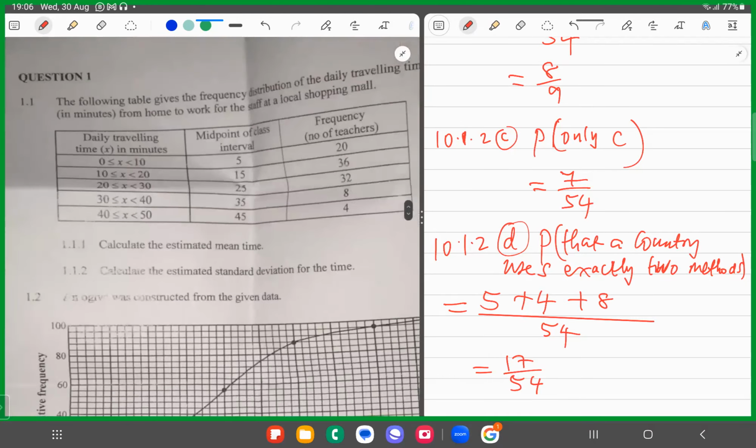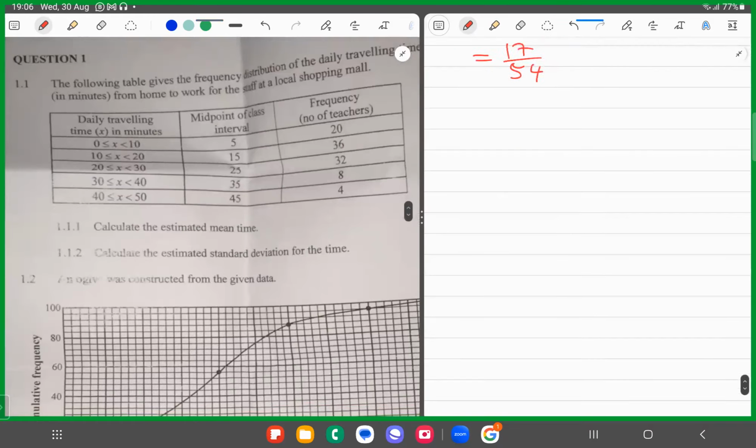Let's just do question 1. Question 1 is a very interesting one and focuses on a couple of things, and we look at it together.